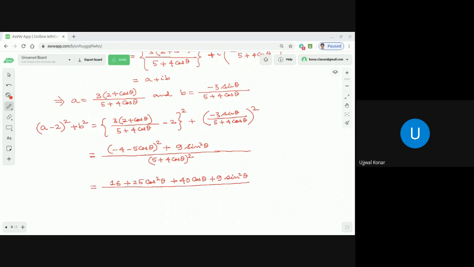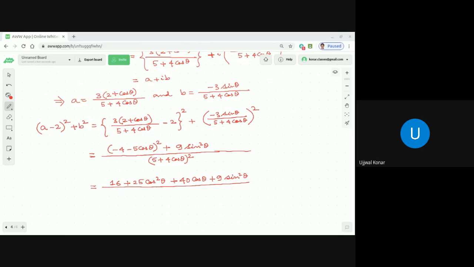So now we need to make a little simplification in the numerator. As we see, 25 cos square theta plus 9 sin square theta. So 25 cos square theta we can break into 9 cos square theta plus 16 cos square theta. That 9 cos square theta will merge with 9 sin square theta to become 9.